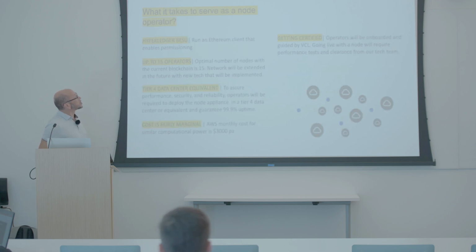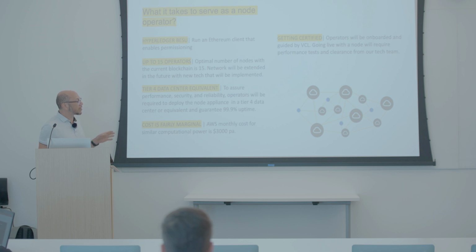So what does it take to serve as a node operator? You're going to run a Hyperledger Besu Ethereum client. We currently have 15, we'll probably increase this number, probably we're looking for around 20. You need to be able to run a tier 4 data center equivalent to ensure the performance, reliability, and security that go along with those sorts of requirements.